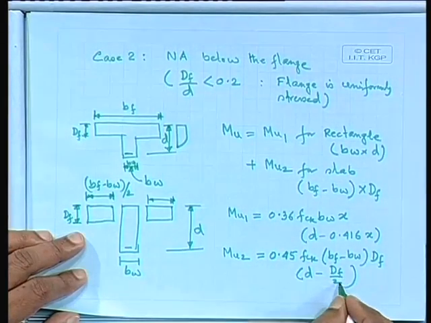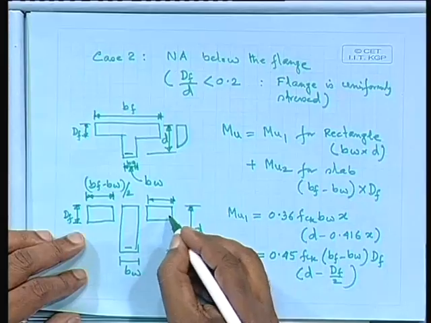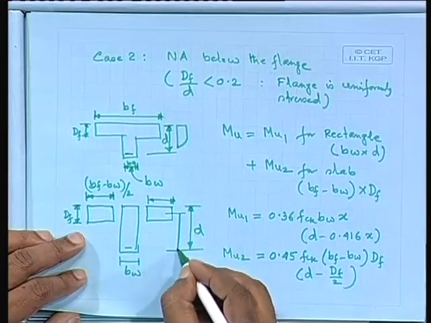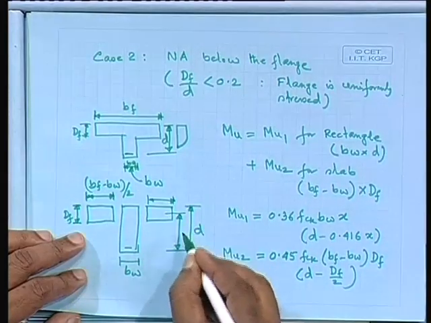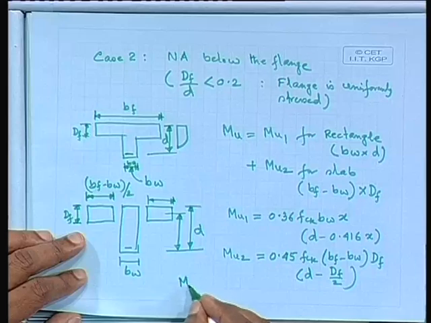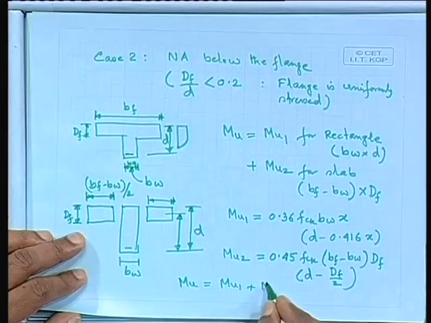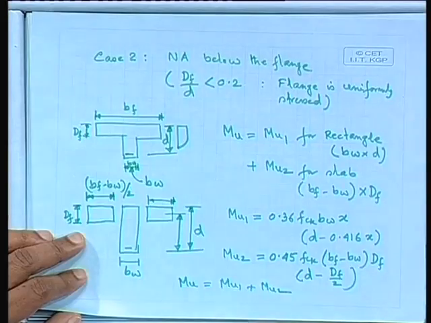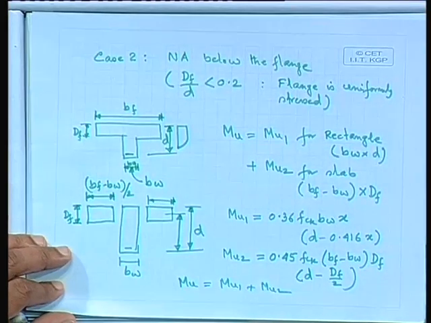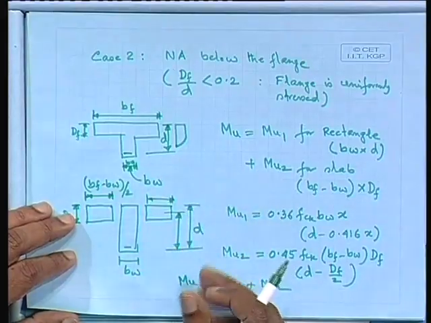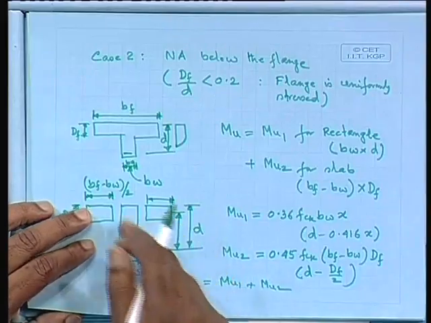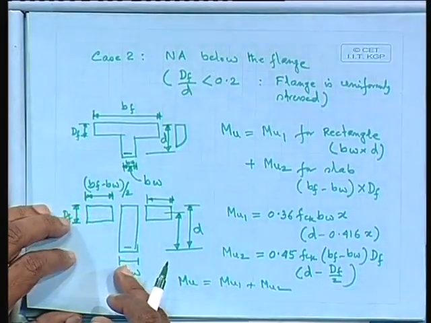So this is your lever arm. So Mu will be equal to Mu1 plus Mu2. So this is your case 2. Case 1 is the simple rectangular section. Case 2, we have two parts: one uniformly stressed, the flange part, and the web, which is nothing but the rectangular portion.